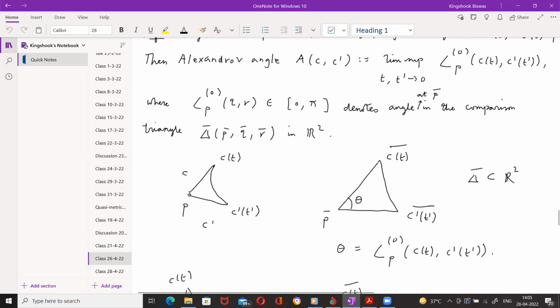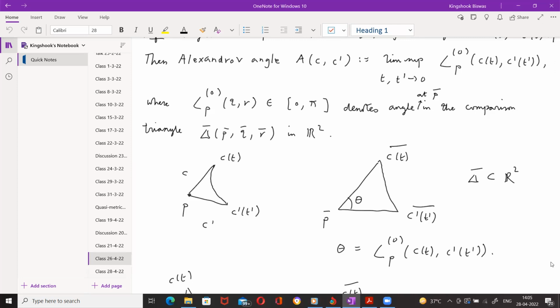So we have two geodesics starting from a point P. We look at C(t), C'(t'), and the corresponding Euclidean comparison triangle in R2. Then we take the angle theta here, which is defined to be this comparison angle, and then take the lim sup as t' tends to 0. So this is the Alexandrov angle between two geodesics.